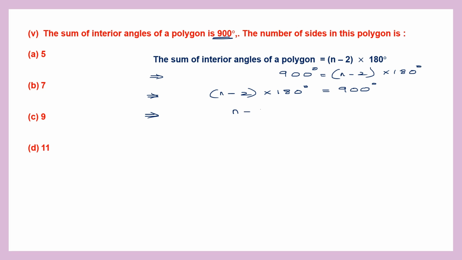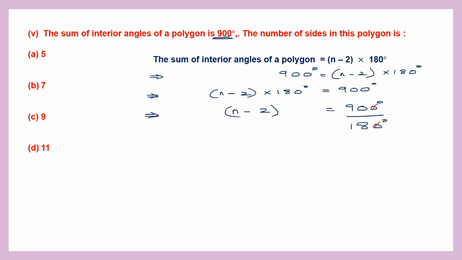So n minus 2 is equal to 900 degrees, and I'm transposing that 180 to the right hand side, and here it's multiplication. When it goes to the right hand side, it becomes division. So this becomes 180 degrees. Now let me cancel whatever I can. I can cancel the zeros.